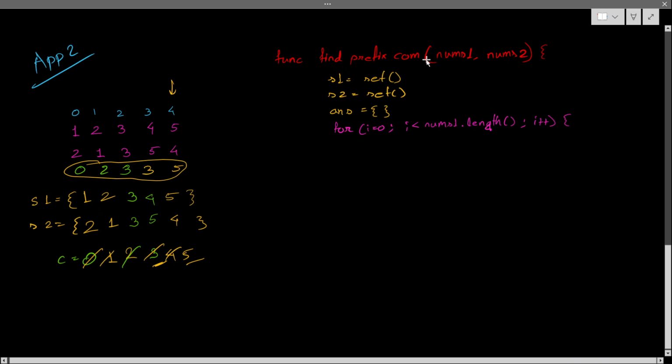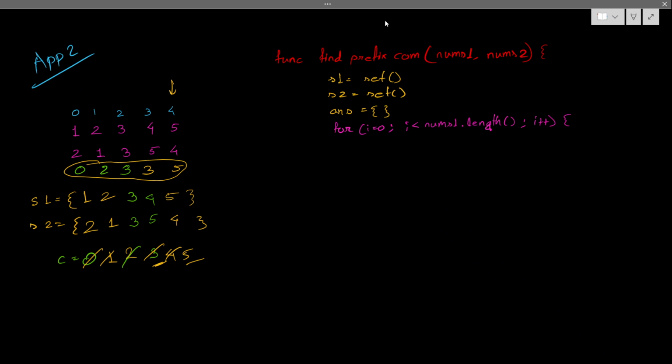Okay. Now the thing is, what I am checking: if my nums1 of I is present in the second set, right? So how could we write that thing in the pseudocode?